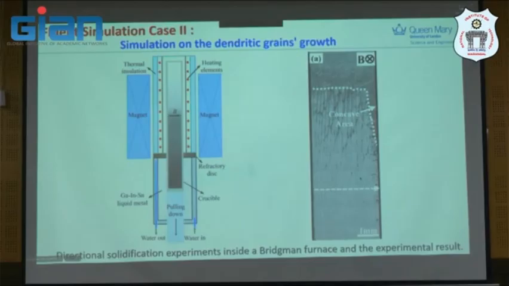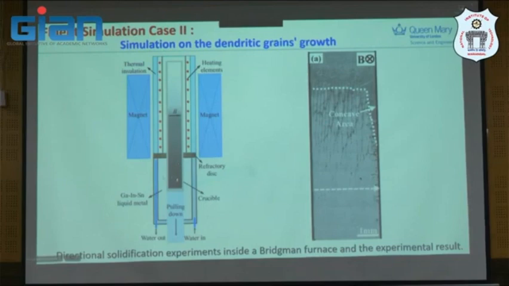The directional solidification experiment is inside a Bridgman furnace. This is a Bridgman furnace, and the thermal gradient was imposed by the heating element. This one is the heating element, and the cooling system is in the bottom of the sample.